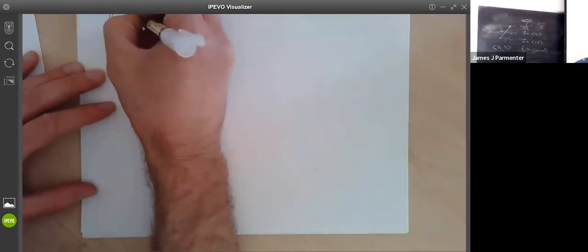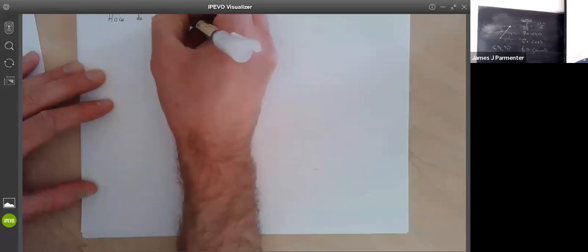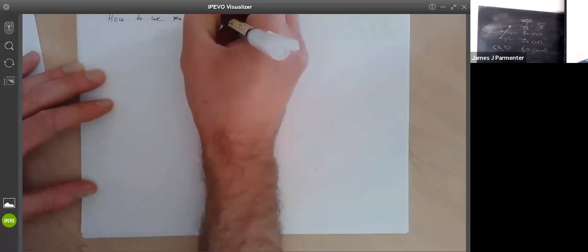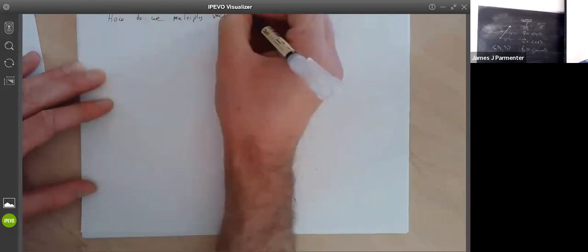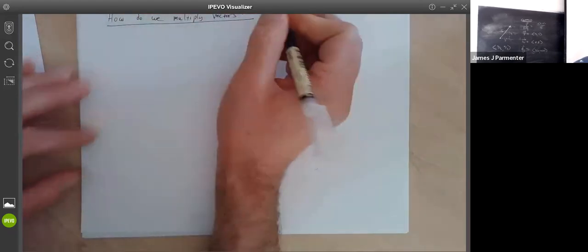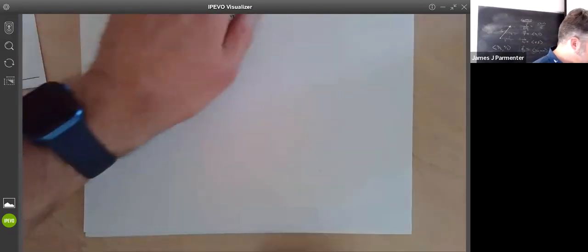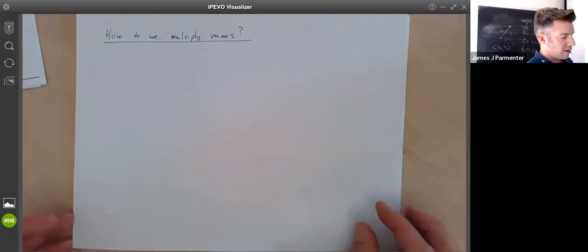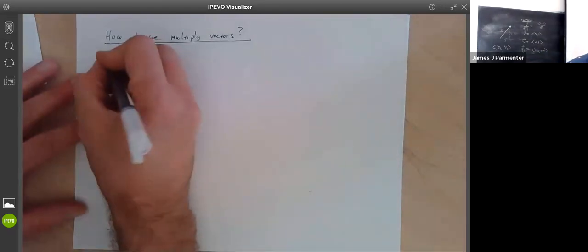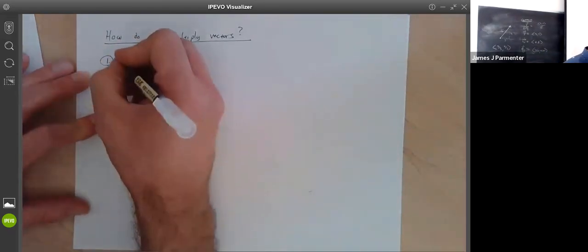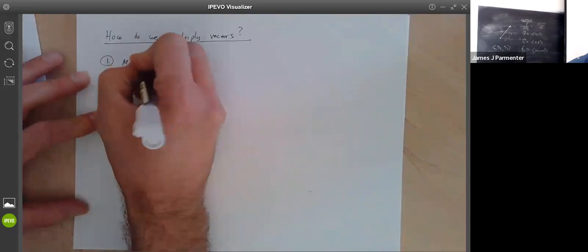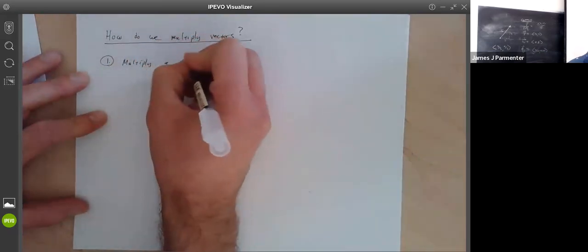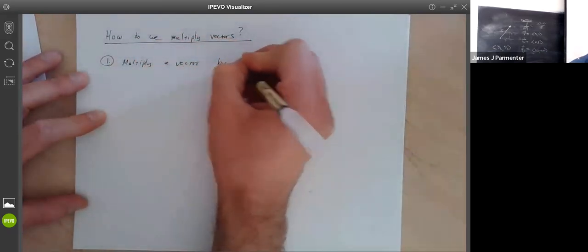How do we multiply vectors? Well, I would say that there's 3 ways, although only 2 that we really care about. So the first thing that I'm actually referring to is you can multiply a vector by a scalar.